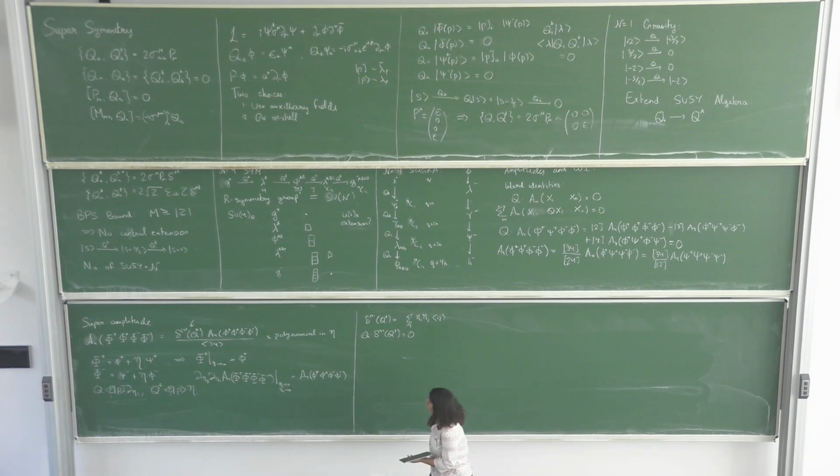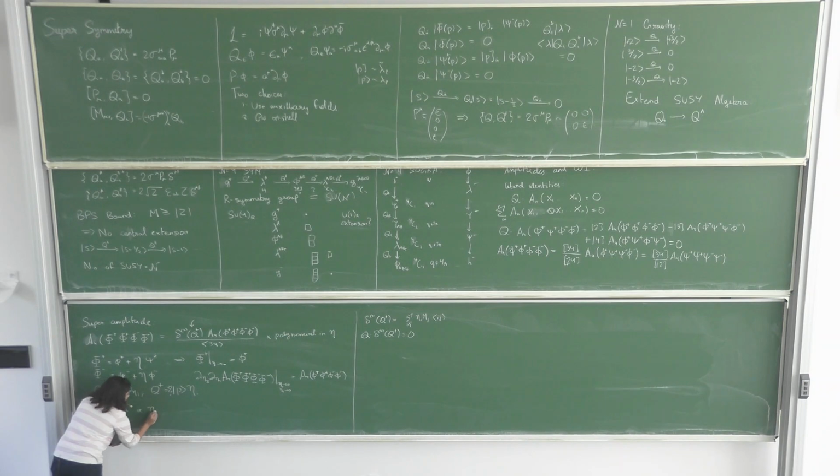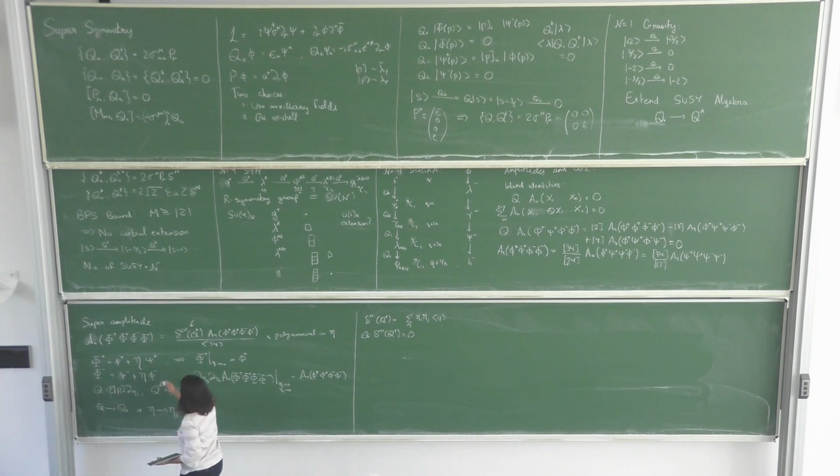Okay, good. Now, when I have extended supersymmetry, it's easy to see that all I need to do is take Q, add an index, which is the same as saying take eta and add an index to eta, like this. And then my superfield becomes a little more complicated.